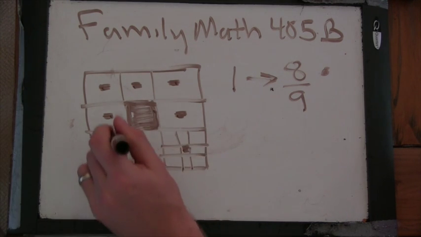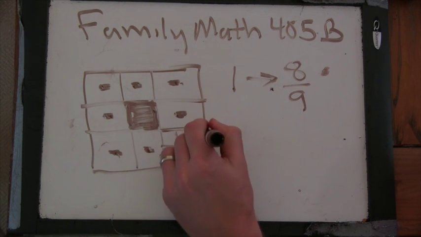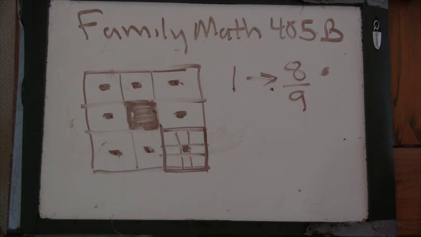These 1, 2, 3, 4, 5, 6, 7, 8. I'm removing 8/9 of one square. Okay, that's a very interesting way of looking at it. So you're removing 8/9 of 1/9. That would be 8/81. 8/81 is how much you're removing.